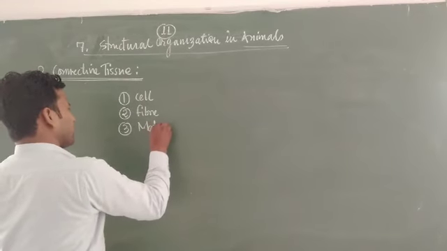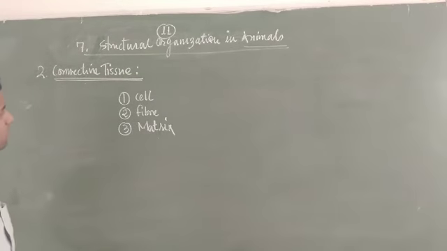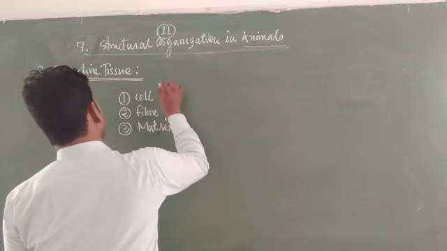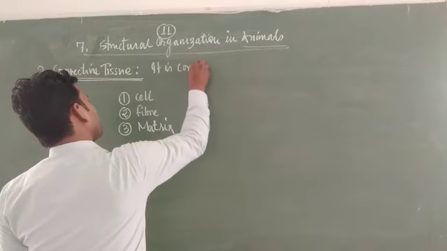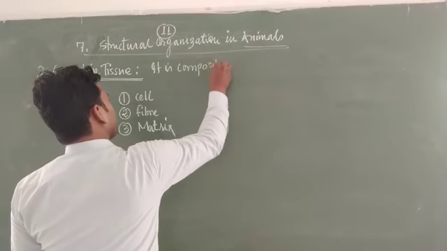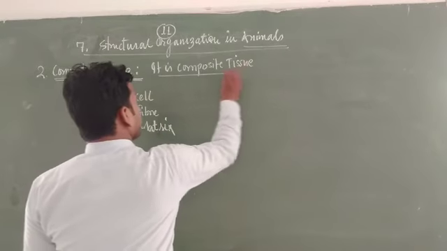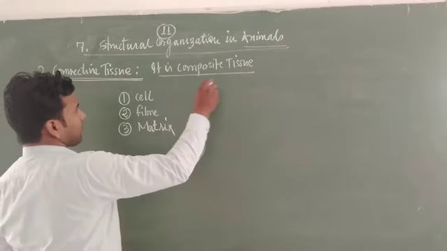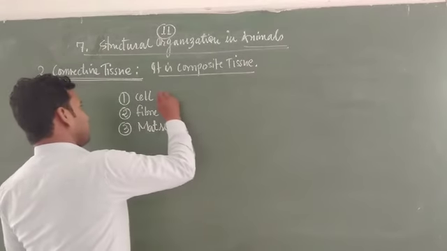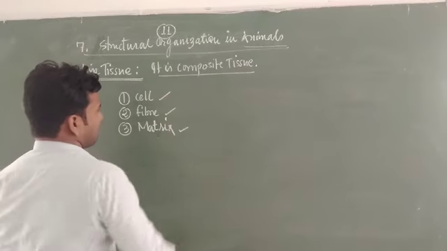Students, what is a connective tissue? Connective tissue is a composite tissue made up of many types of materials, generally cells, fibers as well as matrix.